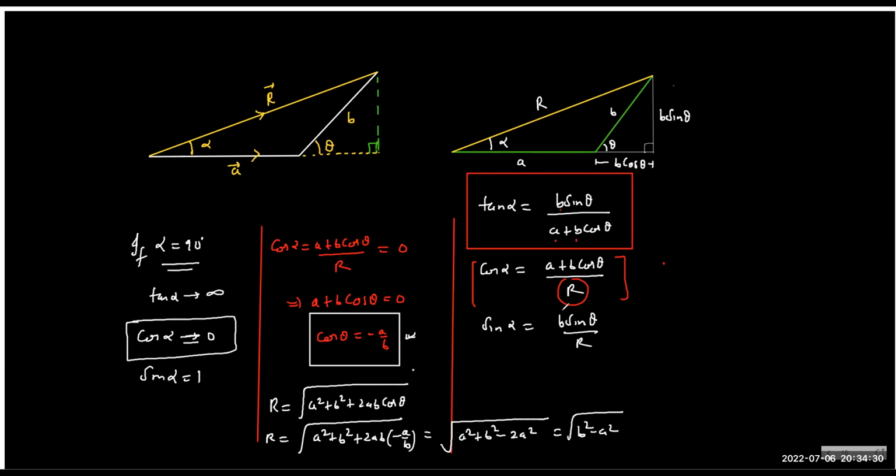So we are going to use this more often in finding the angle between the resultant and A vector. So A is in the denominator.